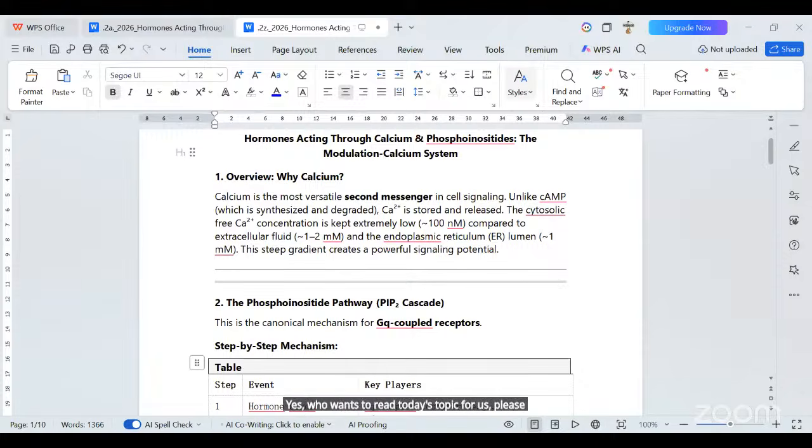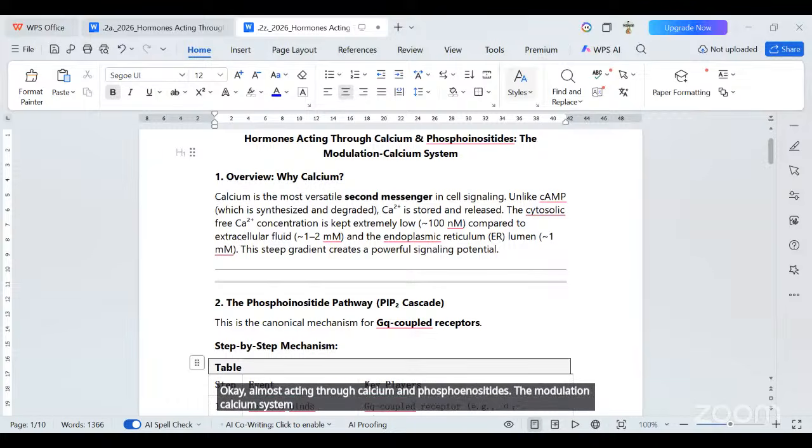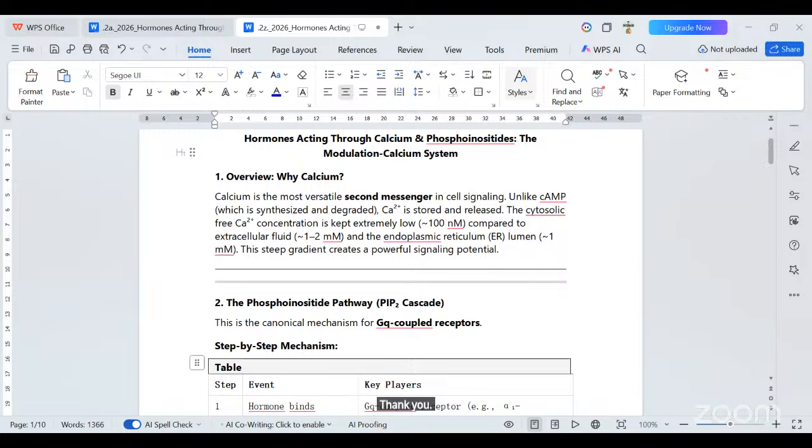Okay. Hormones acting through calcium and phosphoinositides, the modulation calcium system. Thank you, sir. Yes, just exactly as we had. That is our topic for today, the calcium calmodulin system.